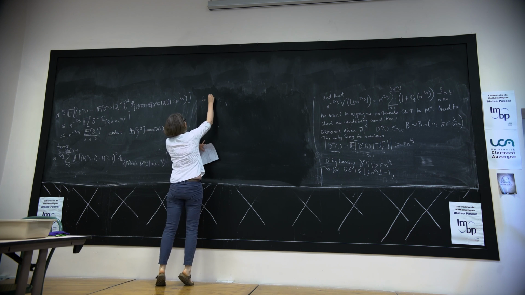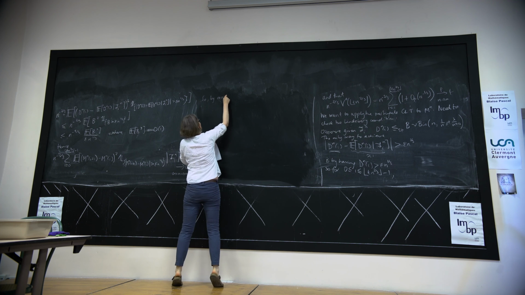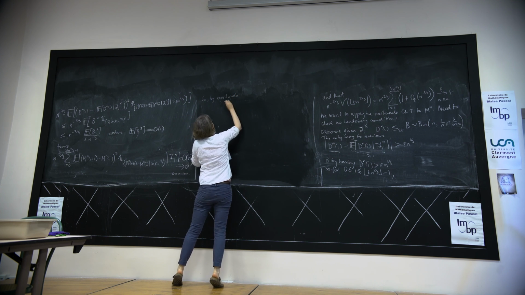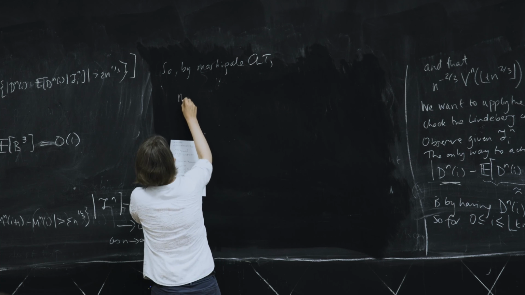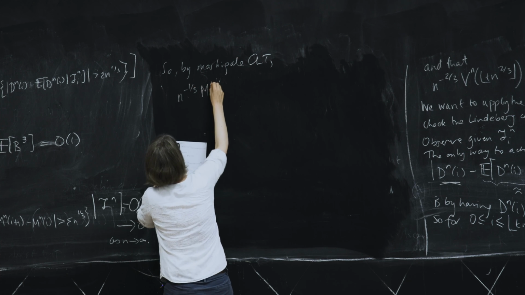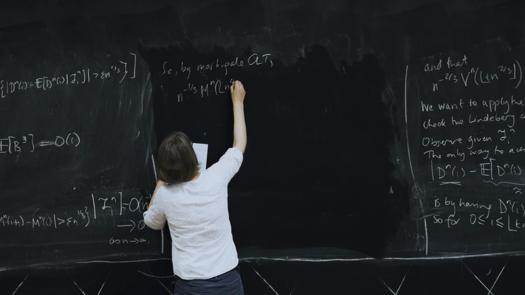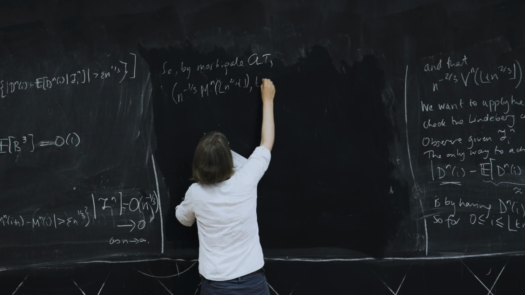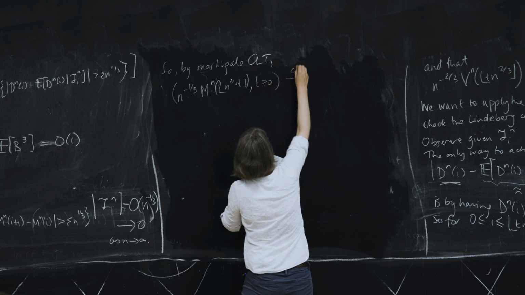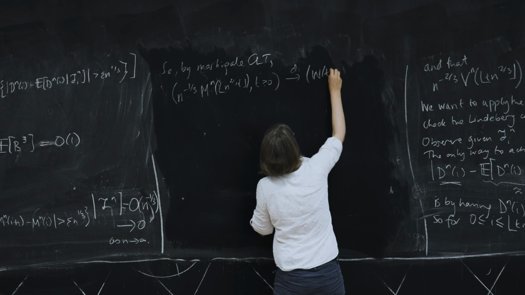So by the martingale CLT, we have that the n to the minus 1/3 suitably rescaled martingale is converging in distribution to my Brownian motion.